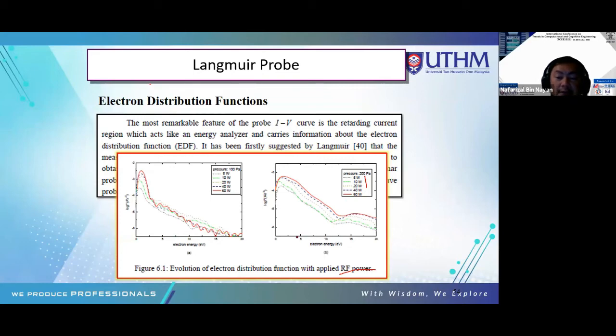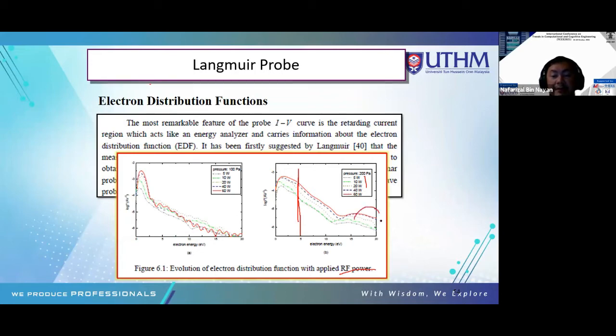What this curve is giving is the number of electrons, for example, the number of electrons with the energy of 5 eV, is on here. So the number of electrons of 5 eV increases if we increase the discharge power.